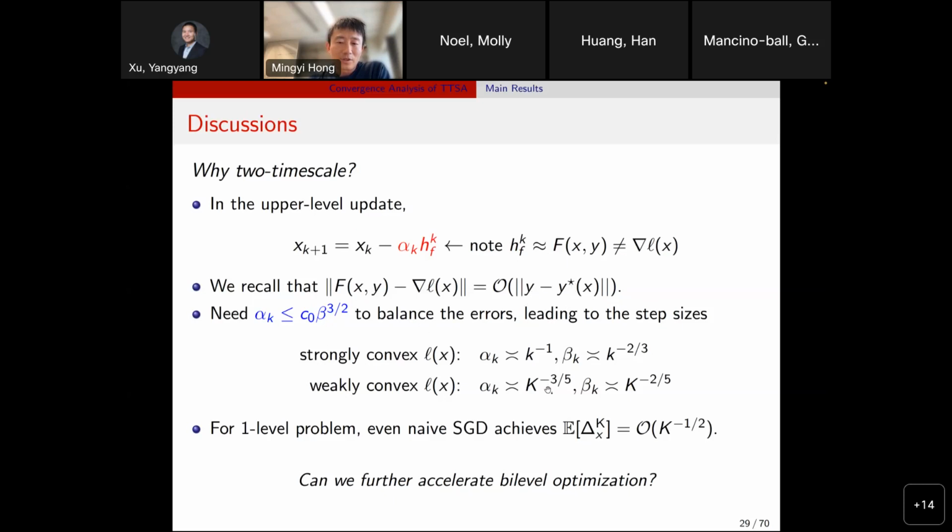And then if you recall, the rate we get for the weakly convex problem is k minus 2/5. But if you simply compare with SGD, for what SGD can do to optimize a smooth objective, the rate is k minus 1/2.